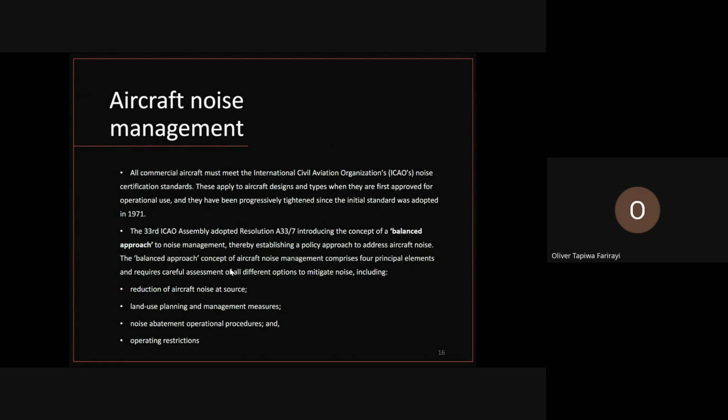So there has to be a balance with the requirement for aircraft to be able to land and take off, and also causing the minimum amount of noise damage. So the balanced approach concept of aircraft noise management comprises 4 principles, which is reduction of aircraft noise at source, land use planning and management.